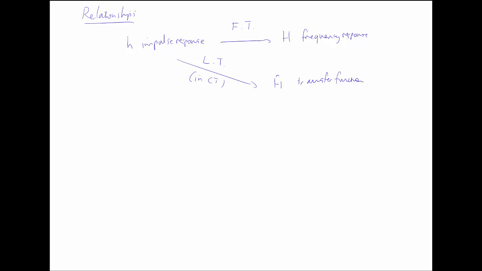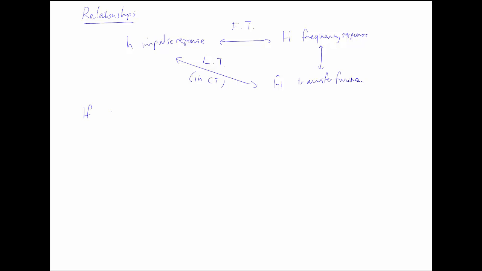Let's summarize the relationships between these. I've got the impulse response. The Fourier transform gives me the frequency response. The Laplace transform in continuous time gives the transfer function. And the other connection is this one: the transfer function and the frequency response are closely related.